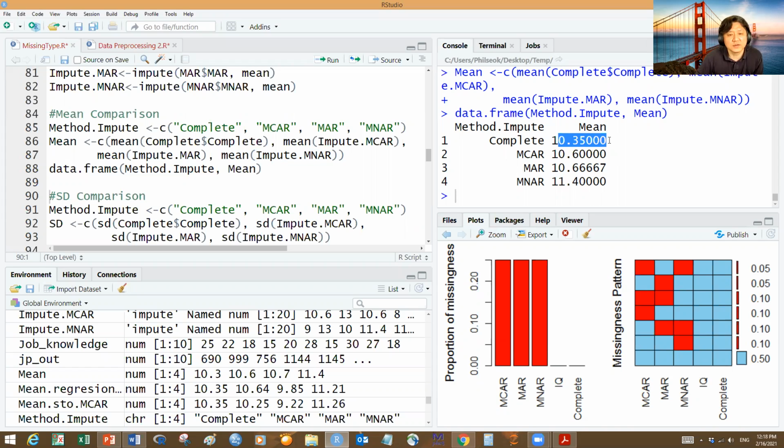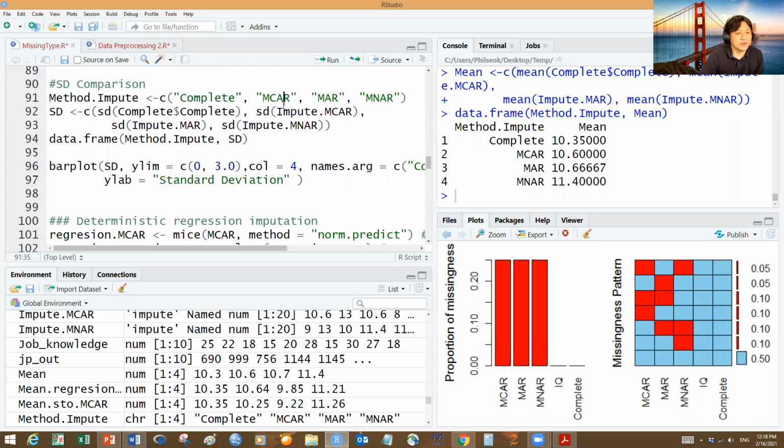This is the complete data set mean, right? The MCAR data, missing completely at random, is pretty close to the complete data set mean. Missing at random is still close to our complete data, but missing not at random is kind of biased, right? You can see almost a 1.0 difference can occur. So if you want to check the mean from multiple approaches, you can use this approach.